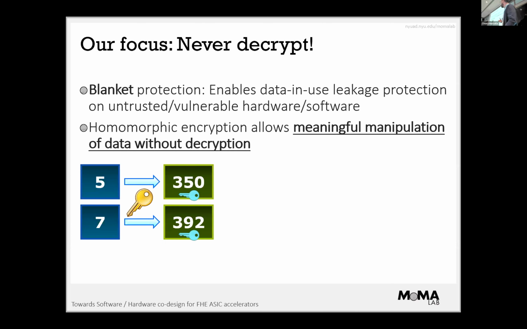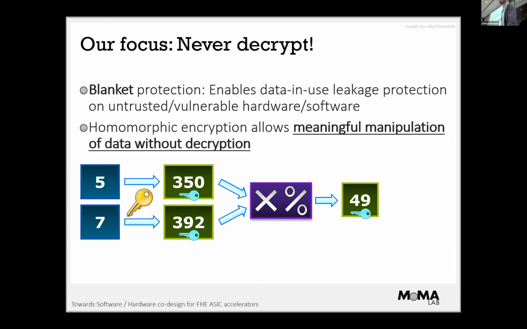You have 5 and 7, you encrypt, and you have two ciphertexts that you don't know what they are. You can still meaningfully manipulate the ciphertexts through some operation. You get a result back that, when decrypted, corresponds to an operation that could have happened on the plaintexts. In this example, it corresponds to addition, right? So you can do, for example, modular multiplication here, and that is homomorphically equivalent to addition of the payments.